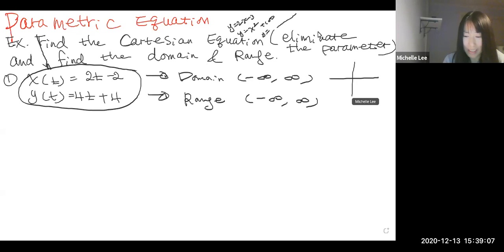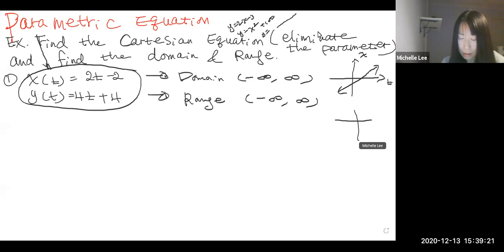This one looks like this: x against t, then minus 2 is like that, right? And this one looks like this: t against y, and the y-intercept is 4.